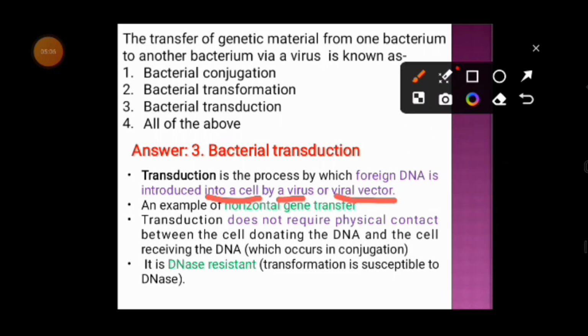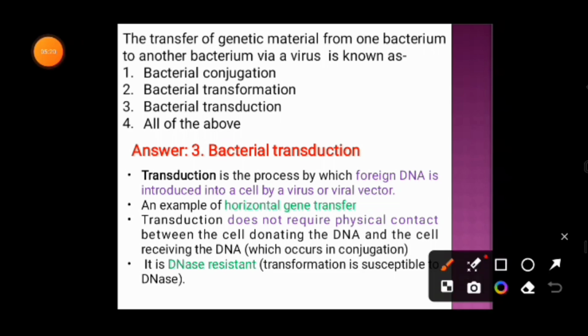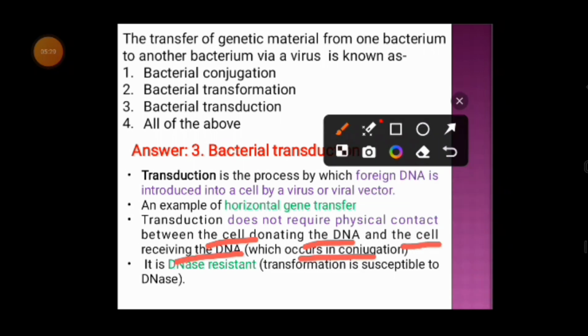As we have already discussed, it is an example of horizontal gene transfer. Transduction, conjugation, and transformation, all three are horizontal gene transfer. Transduction does not require physical contact between the cell donating the DNA and the cell receiving the DNA, which occurs in conjugation.